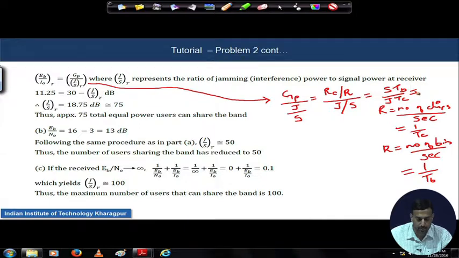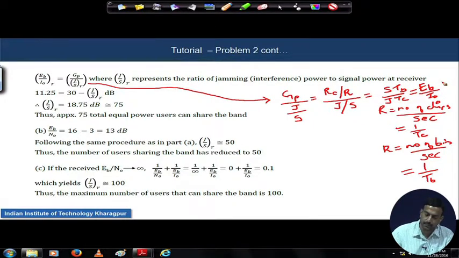This, as we know, has been equated to Eb by I naught, which is true because S into Tb gives you Eb, and J into Tc, because this is the interferer power multiplied by unit time, gives you the interference PSD.